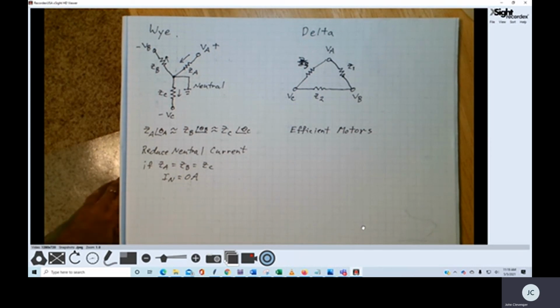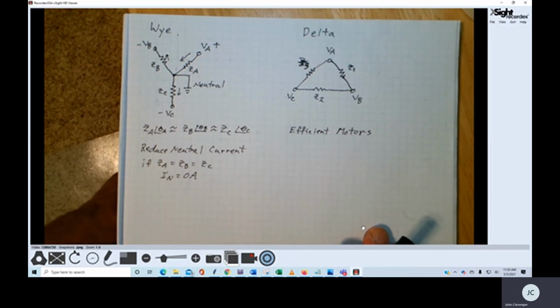We can reduce the amount of windings that we have in the motor. We can have a motor that turns with higher torque and less wire losses in the motor. So this is the biggest reason that we make use of 3-phase delta systems: by applying this to a motor, again, I can have more efficient motors.